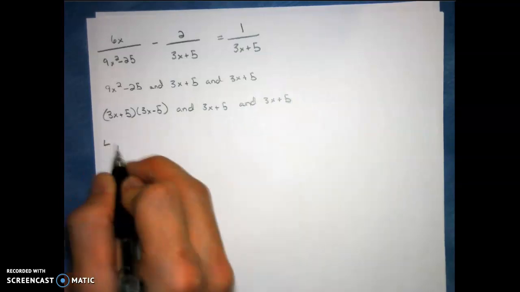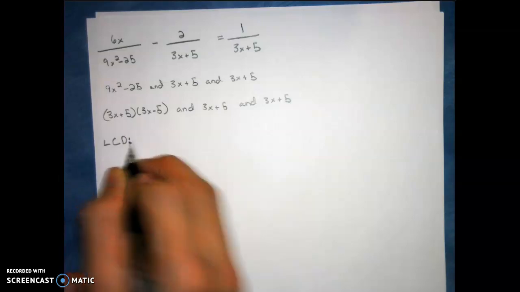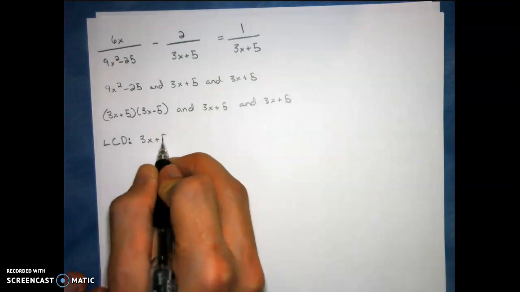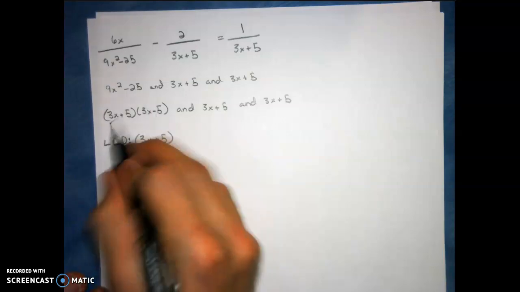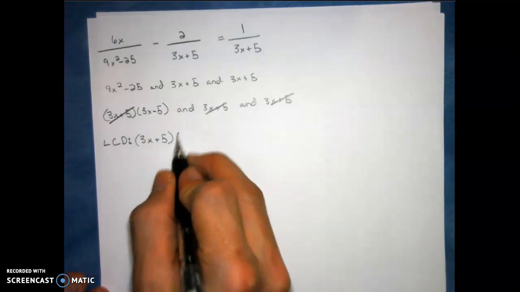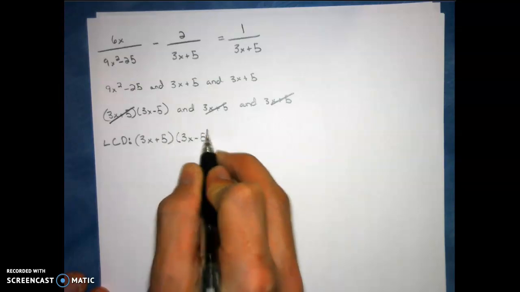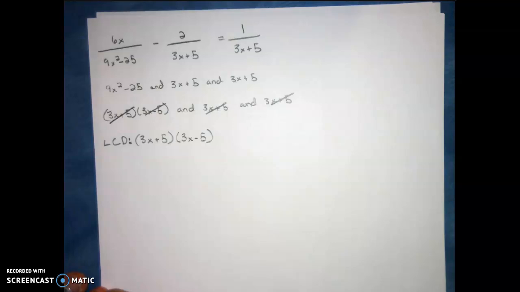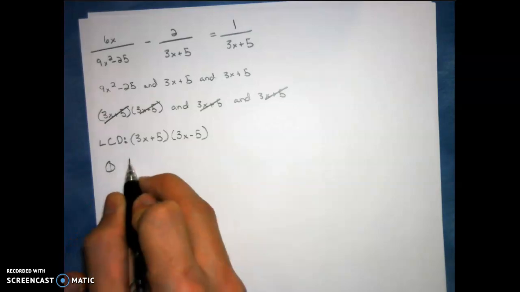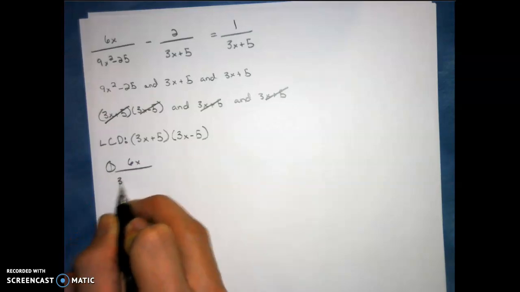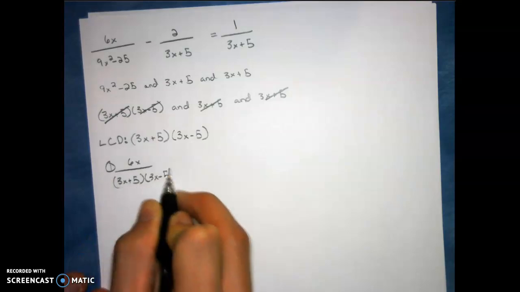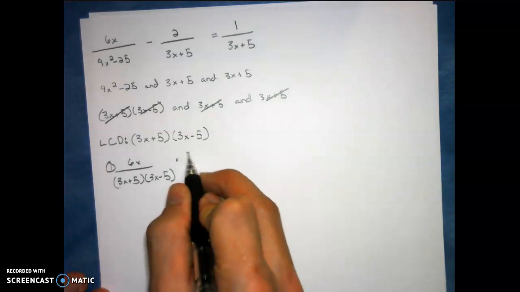Alright, now we find our LCD. Bring the first one down, we have 3x plus 5. Cross that out here, cross out, cross out. Bring the next one down, 3x minus 5. Cross out. There's our LCD. Second step is to multiply through with our LCD. Start with the first one. Multiply by our LCD.